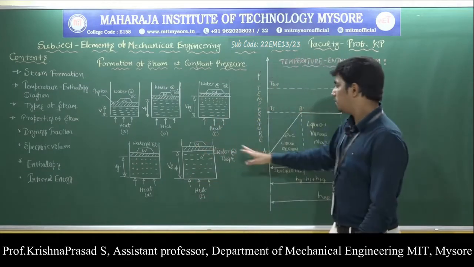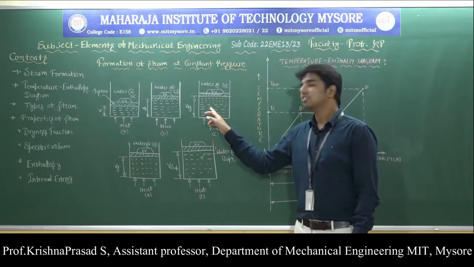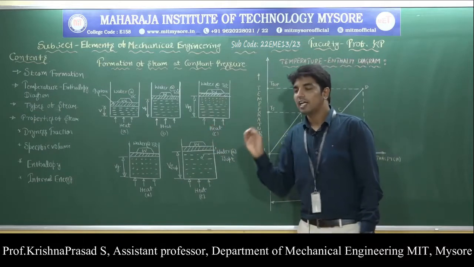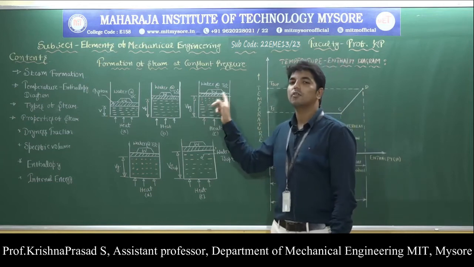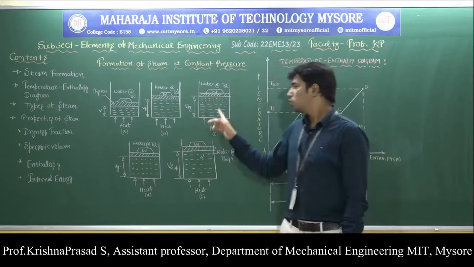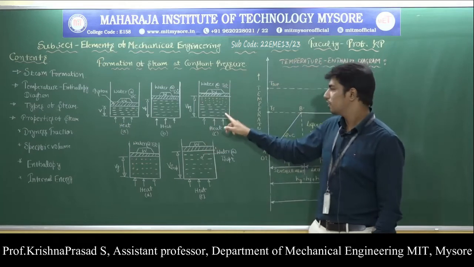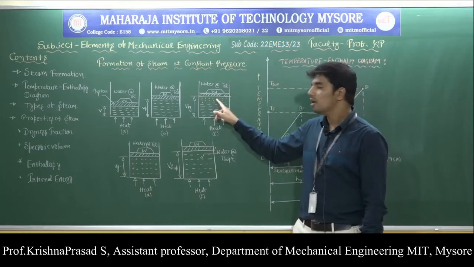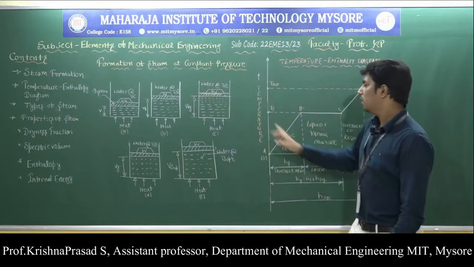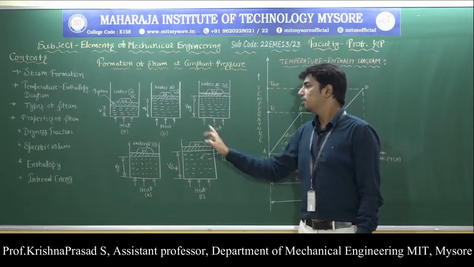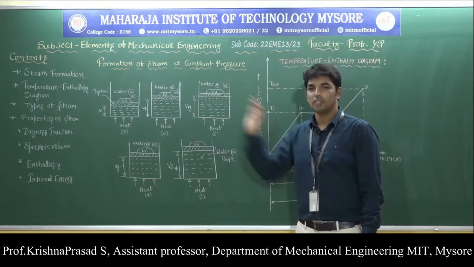Then what is this, in figure C? This is the condition called wet steam. That means during this condition it contains both water as well as water vapor. The wet steam contains both water and water vapor, but the temperature remains at the saturation temperature, as shown in figure C, and the volume occupied is called Vfg.